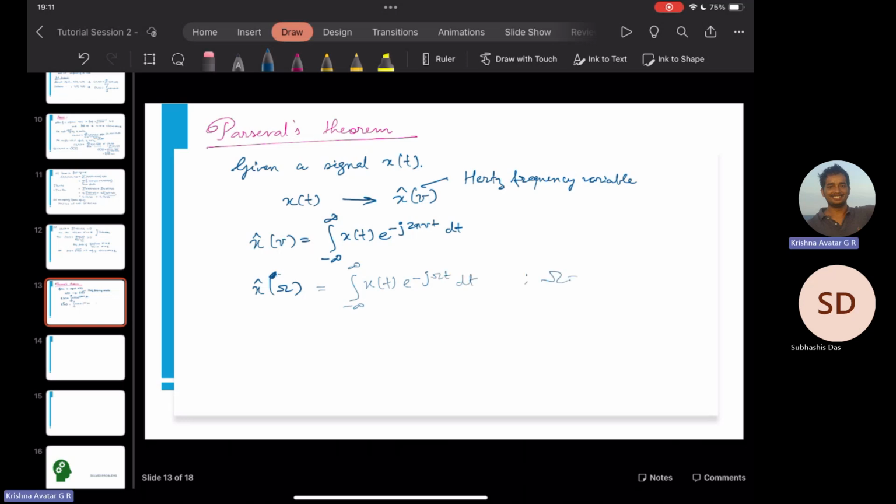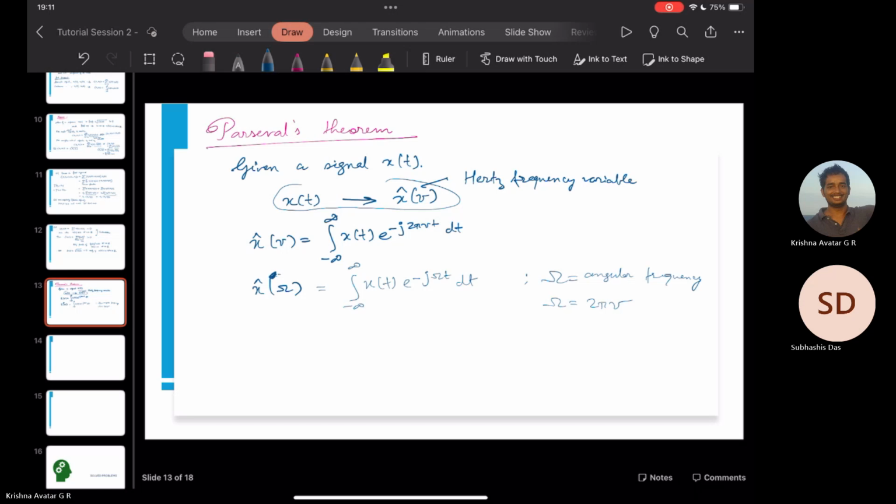In this case, omega is just angular frequency, and omega is equal to 2 pi nu. Okay, so what we have is this Fourier transform pair, one in time and the other in frequency space.